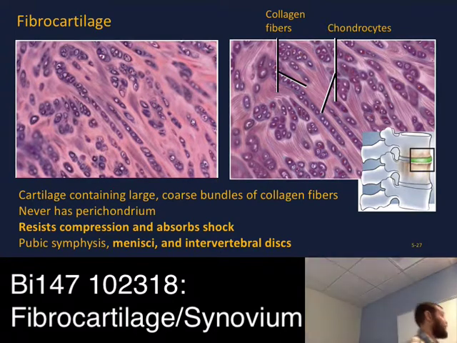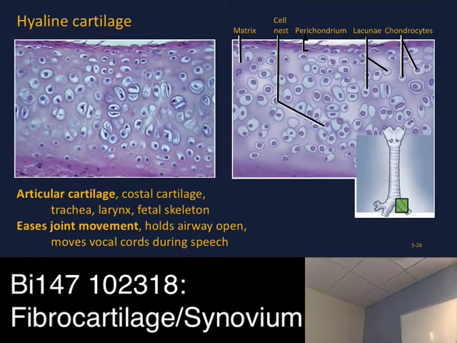They certainly both contain chondrocytes. Yeah, I mean they're cartilage, so they do have these cells. Can anybody identify some things that look different?